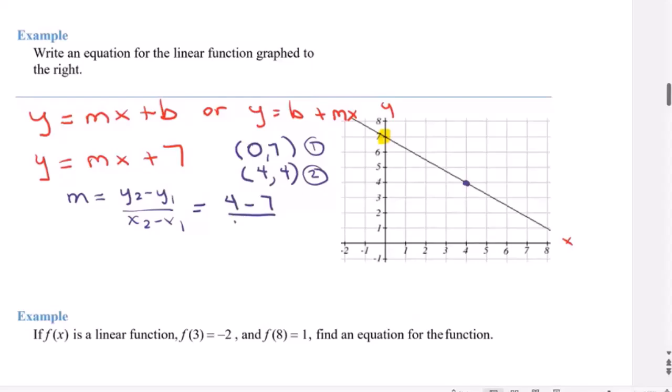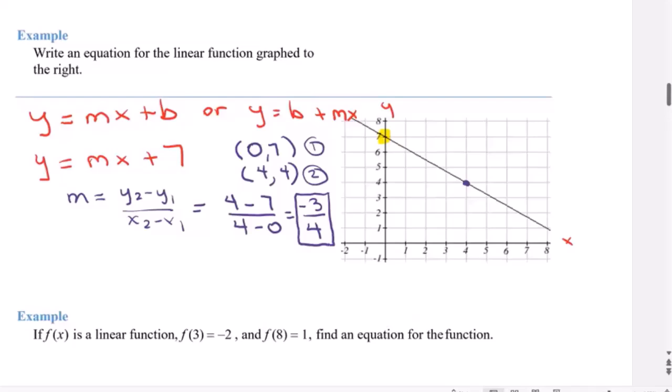My x2 is 4. And my x1 is 0. This becomes -3 over 4. So my slope for this function is -3/4, which actually seems right because it's negative, and look, this function is decreasing.